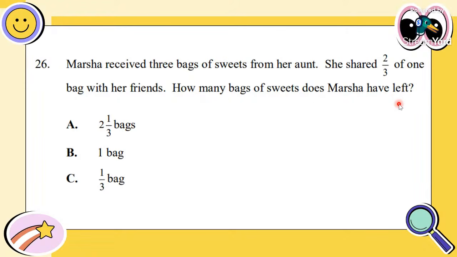I want us to think about this bit by bit. So the first thing is, Marsha received 3 bags of sweets from her aunt. So now we know that she has 3 bags. She shared 2/3 of 1 bag with her friends. How many bags of sweets does Marsha have left? I want to see some answers in the chat. Make sure when you put your answer, you write the word bags after it because I need to be sure.